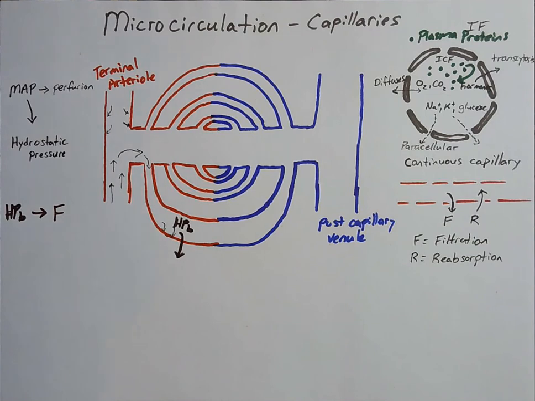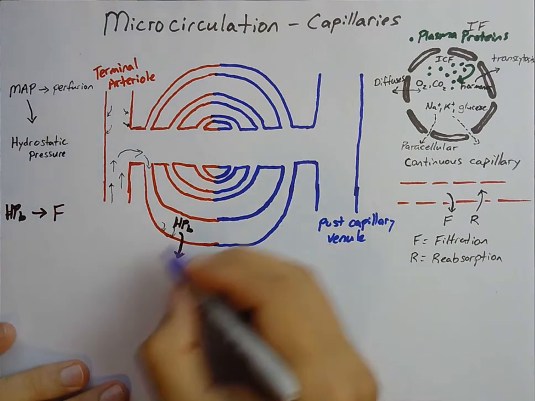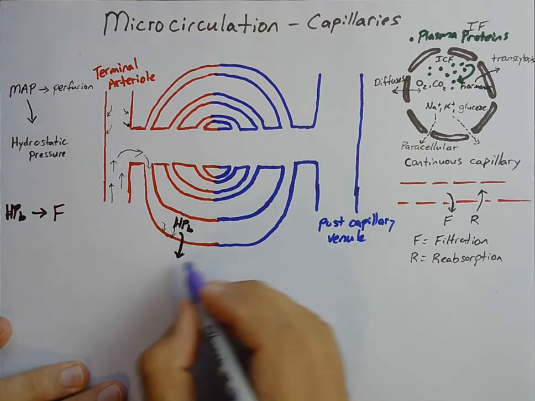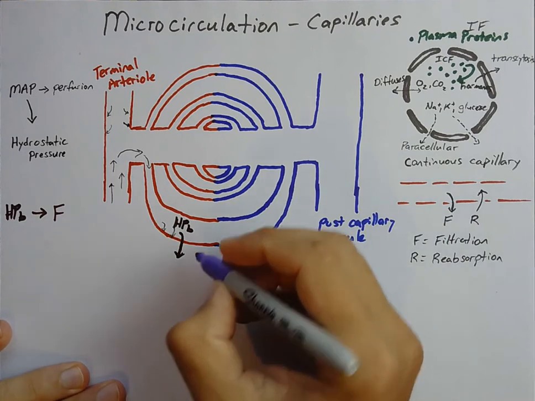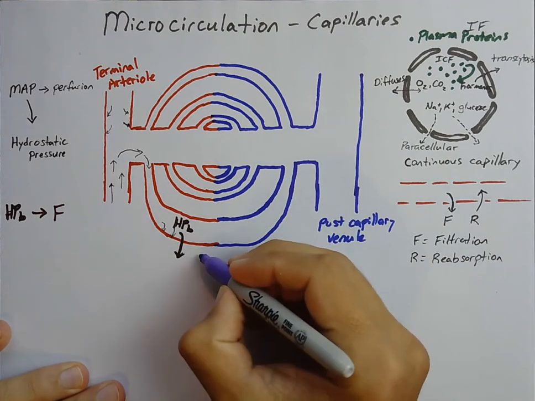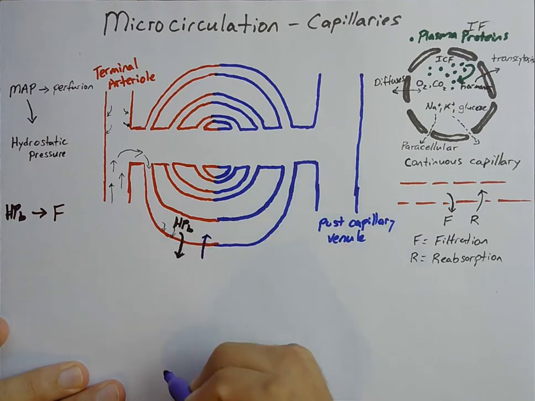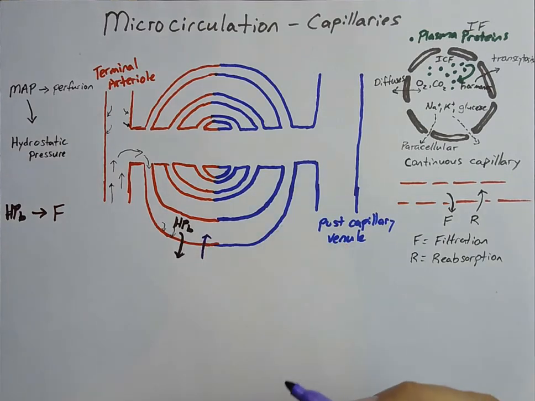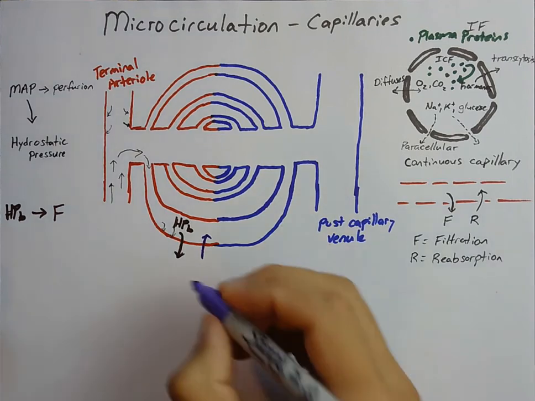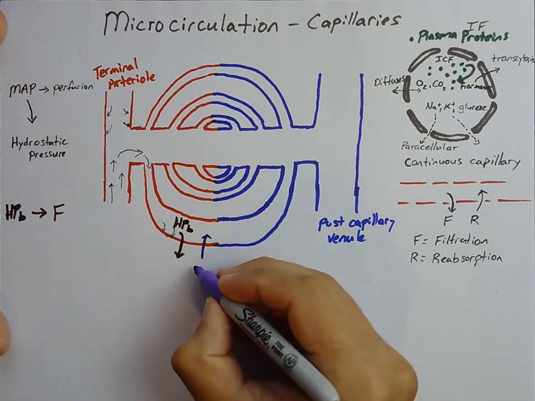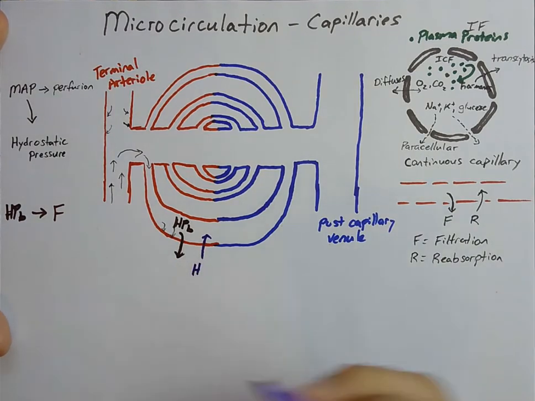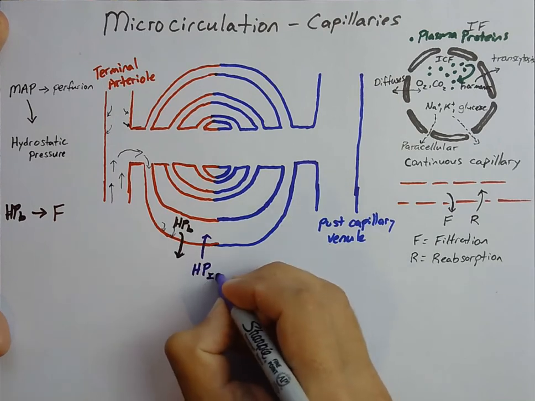All right, next. Fluid outside of the cell is interstitial fluid, but this interstitial fluid can actually push back. Now, this interstitial fluid actually tends to be negligible, right? There doesn't tend to be a very high hydrostatic pressure out here in the interstitial fluid.